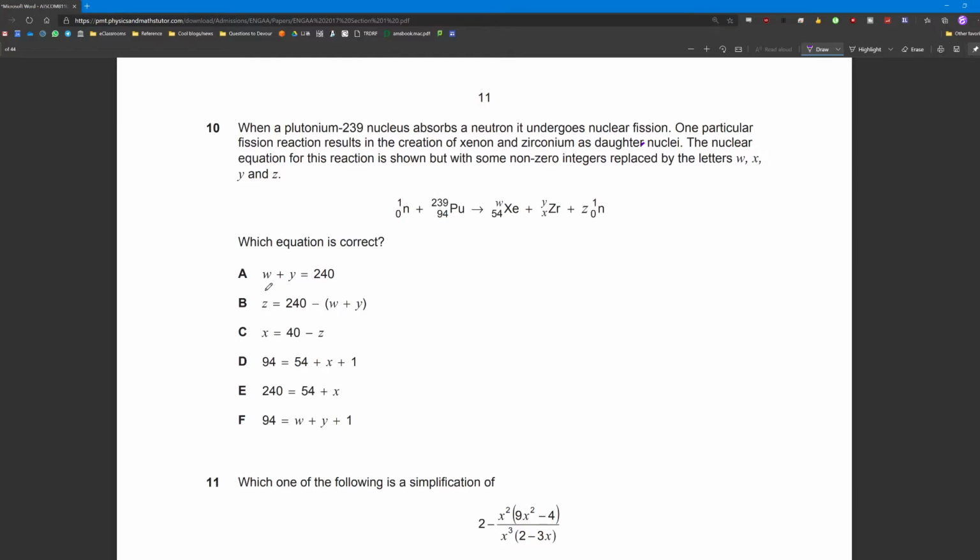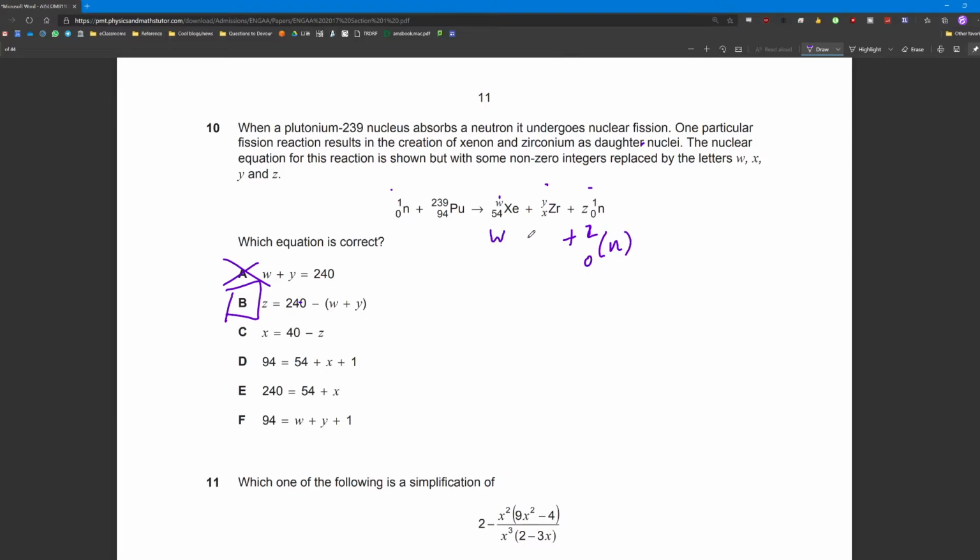w plus y is 240? No, that's wrong, because w plus y plus 1 is 240. z is 240 minus w plus y. Yes, this is correct, because you can think of it like plus z neutrons, each with mass number 1.